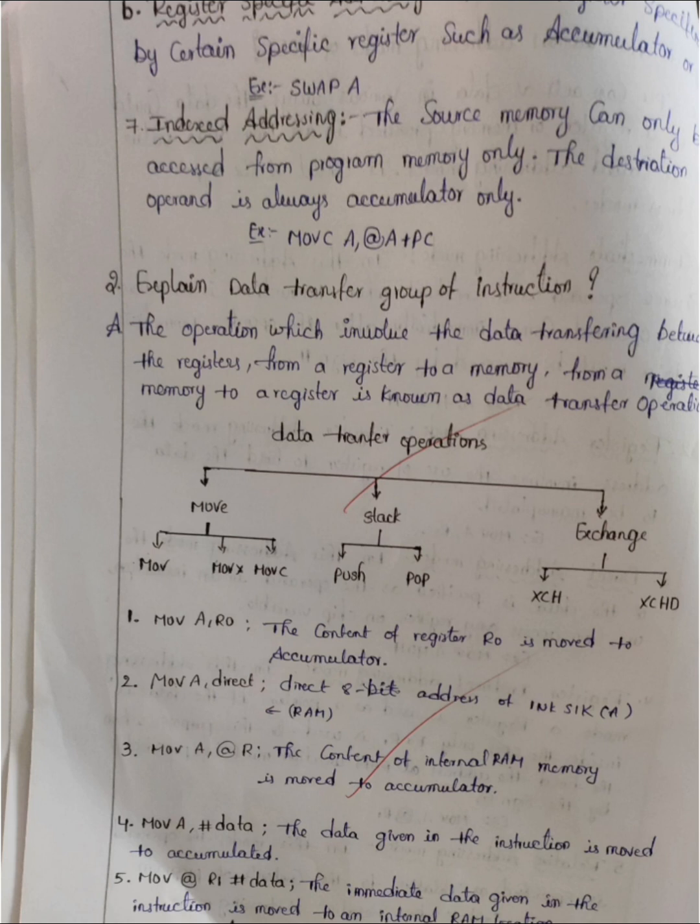The operation which involves transferring data from register to register, from register to memory, or from memory to register is known as data transfer operation. Data transfer operations are divided into three: move, stack, and exchange.